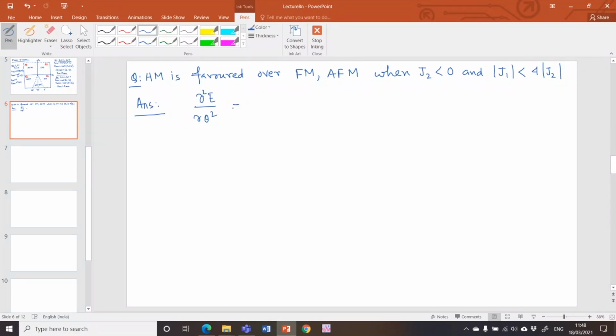This will come out to be 2n S square J1 cosine of theta plus 4J2 cosine of 2 theta. Or you can also write it as 2n S square J1 cosine theta plus 8J2 cos square theta minus 4J2.